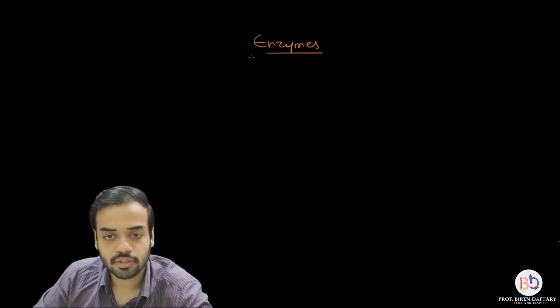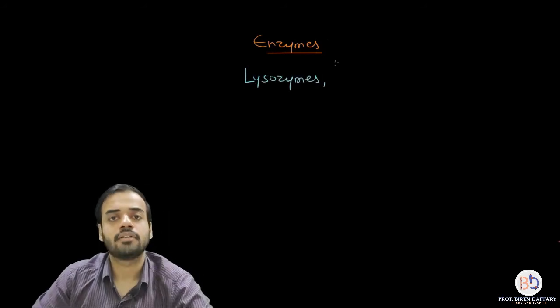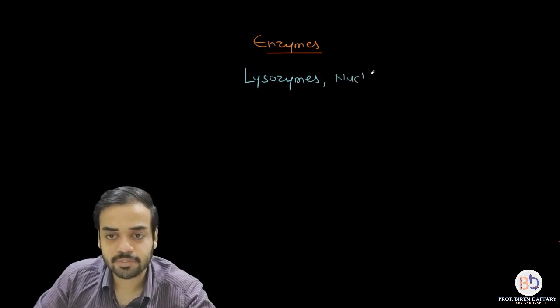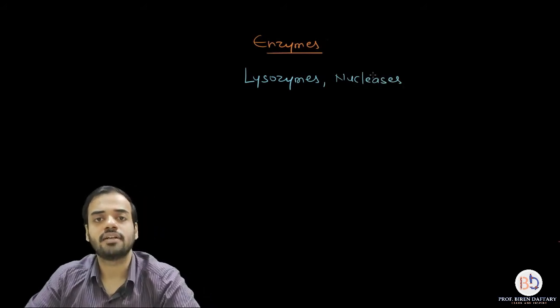So I will write down a few enzymes over here. Okay, so for example, the names which I can remember are lysozymes, right? Then nucleases are the enzymes which can help in cutting the nucleus, right?